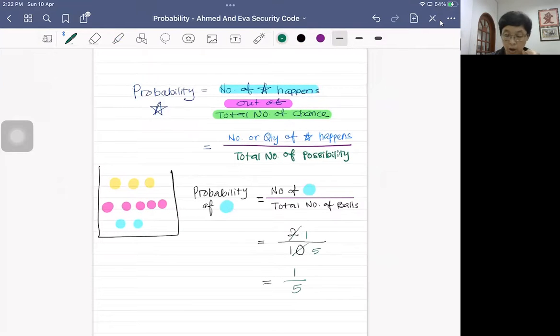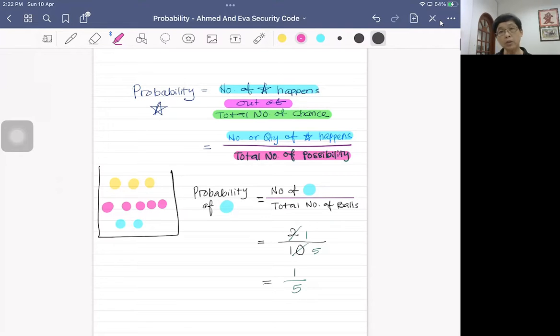It is always considering the total number of whatever things that we wanted to happen, divided by the total number of possibilities that are available. So that is the example of probability in practice to get the blue balls.